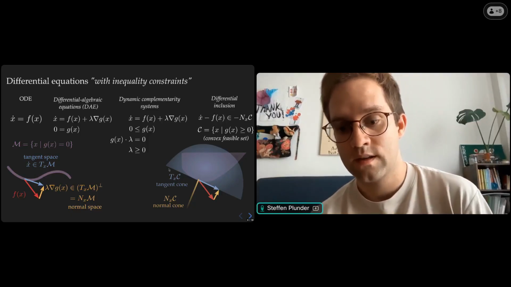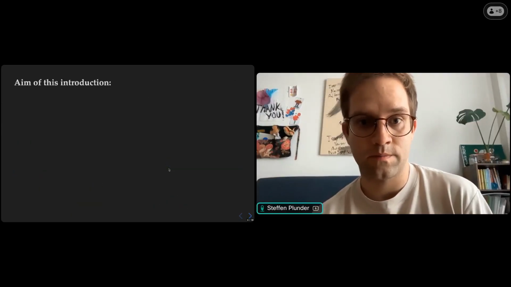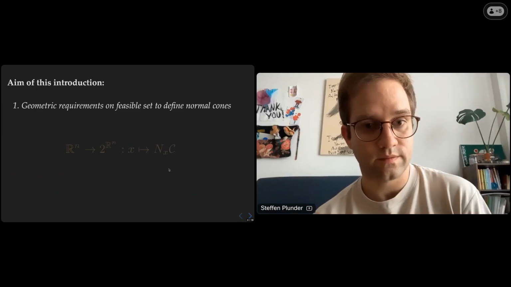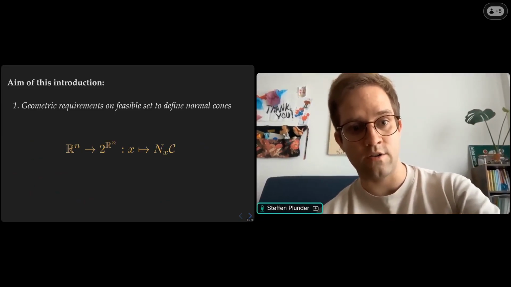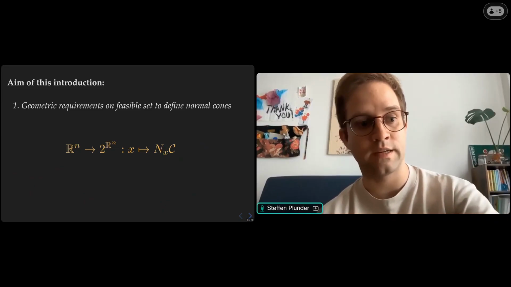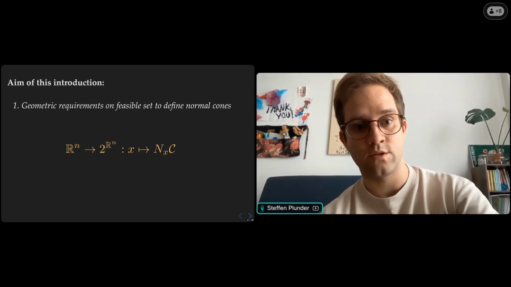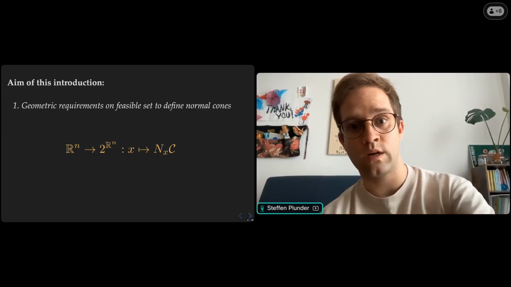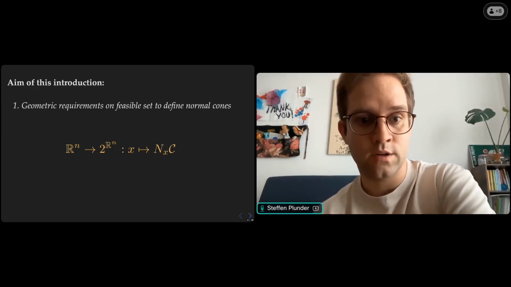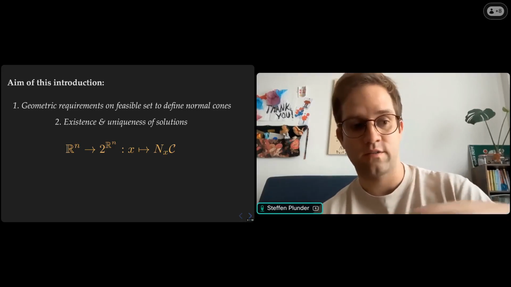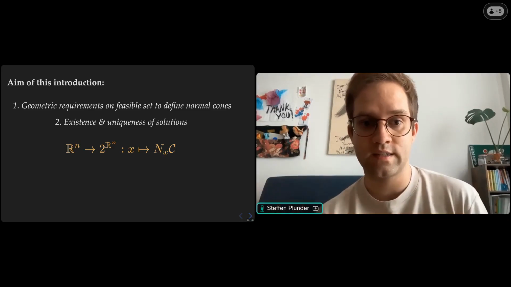Now, in this introduction, to give a feeling for how it is to work with non-smooth dynamical systems, I want to talk about the geometric requirements for working with normal cones, and very shortly state existence and uniqueness.